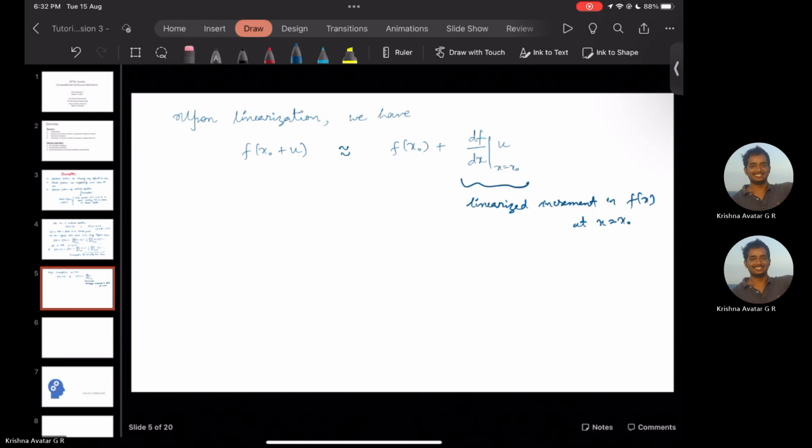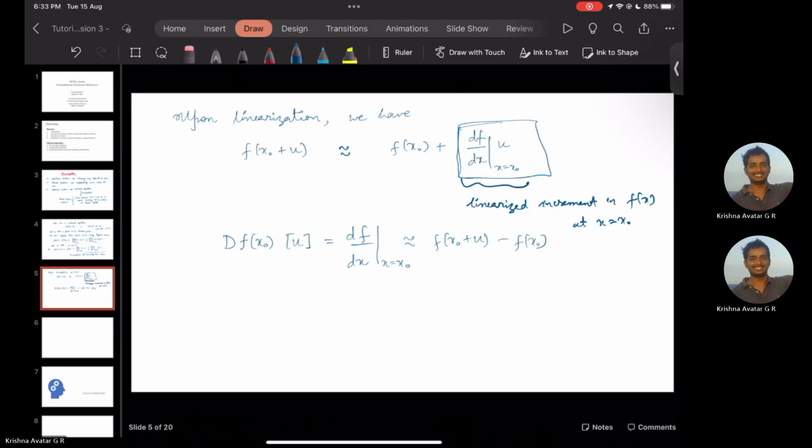Now this term, the one I have just made a box around, is also written in a standard notation as x naught. So this is what it represents. And this is approximately equal to f of x naught minus u plus u minus f of x naught.